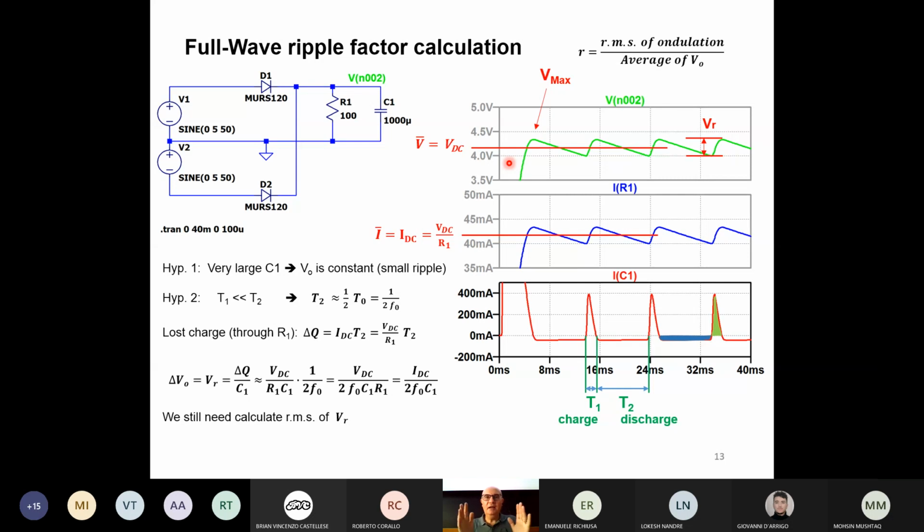But it depends on the equipment that you are powering, to understand if those 100 millivolts are okay or not. There are some equipments that cannot tolerate that much ripple, and some that can. Just to have an idea, if I'm using a digital system supplied at 5 volts, and I have a supply voltage with a ripple of 1 or 2 volts, that means the voltage can go up to 7 and down to 3 volts.